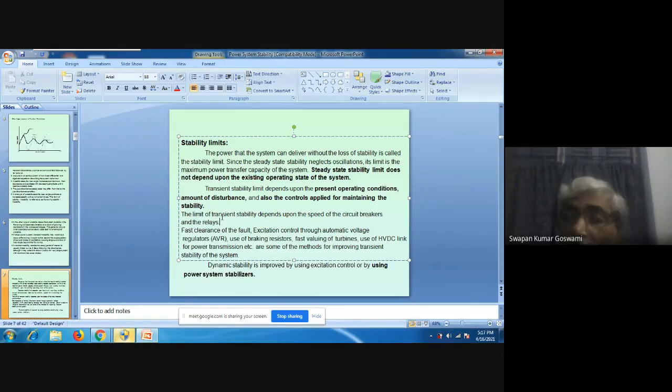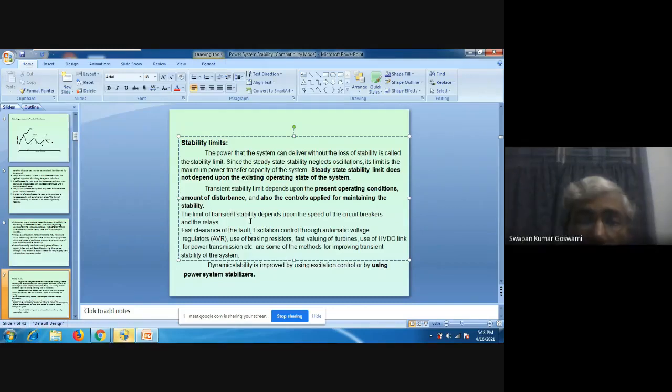So it is important how fast you are identifying the fault and how fast you are disconnecting the faulty equipment from the system. That also will have some influence on the stability of the power system. So the limit of transient stability depends upon the speed of circuit breakers and relays. We shall see how it depends upon all these things, using some criteria later on.